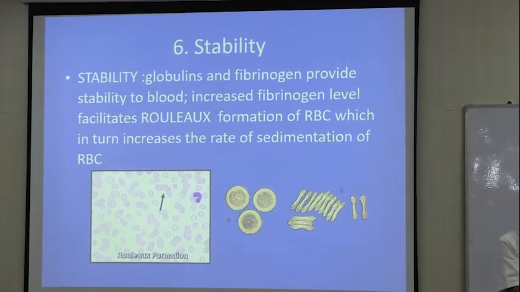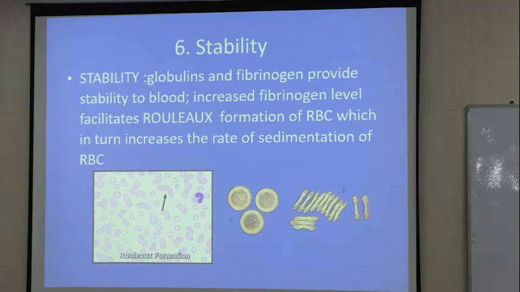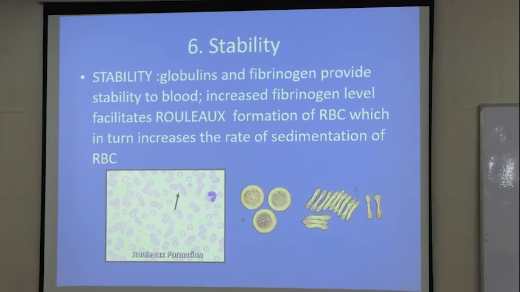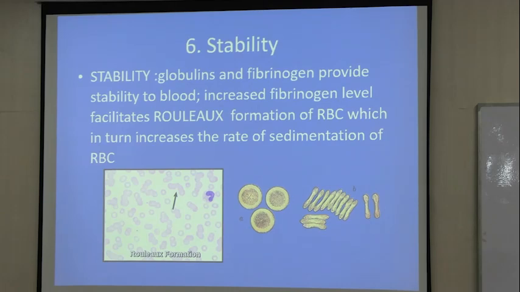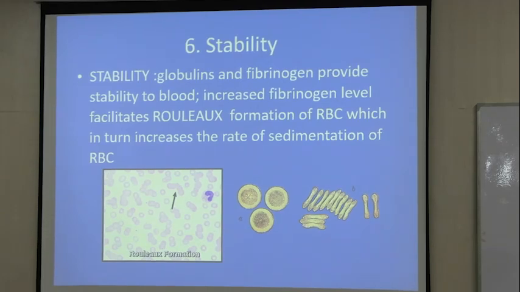When these RBCs are stacked, the size of this stack, rouleau, is much more, then it will exert viscosity and it will reduce the flow. Blood will be more viscous if any rouleau formation is there.